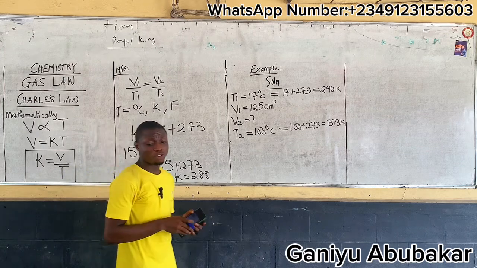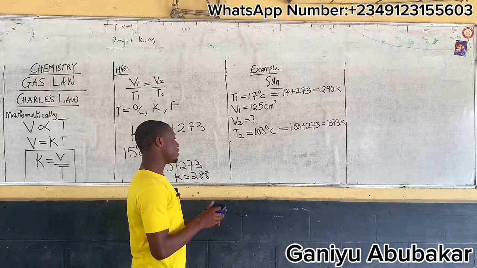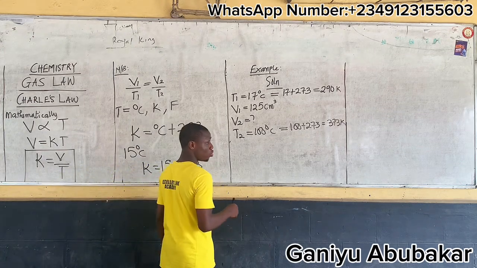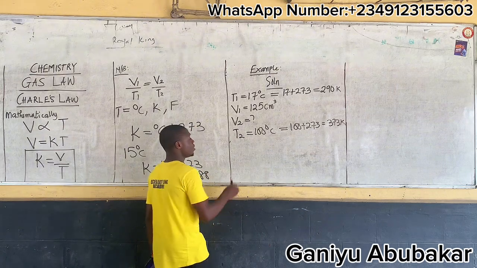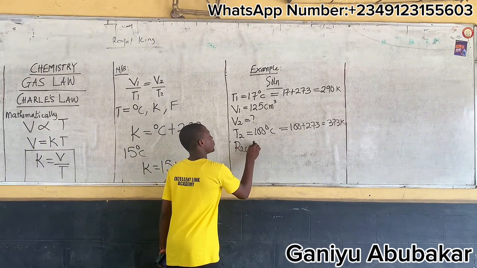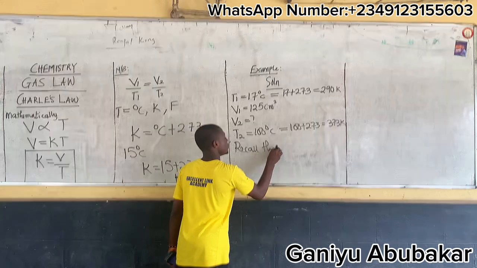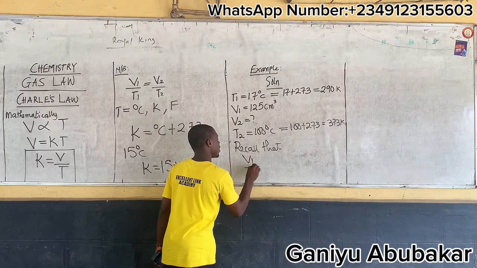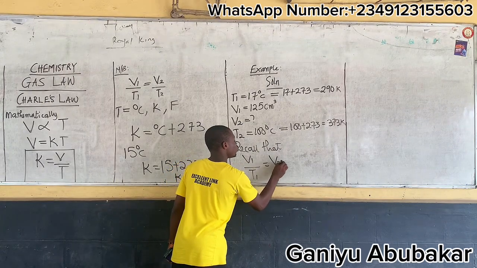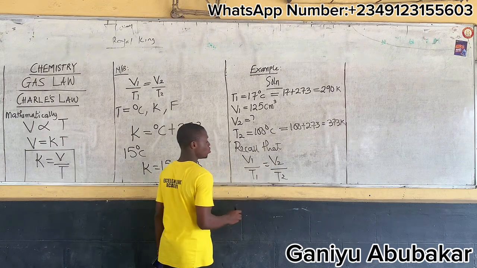Since pressure is constant, we use Charles' law. Recall that V1 over T1 equals V2 over T2.